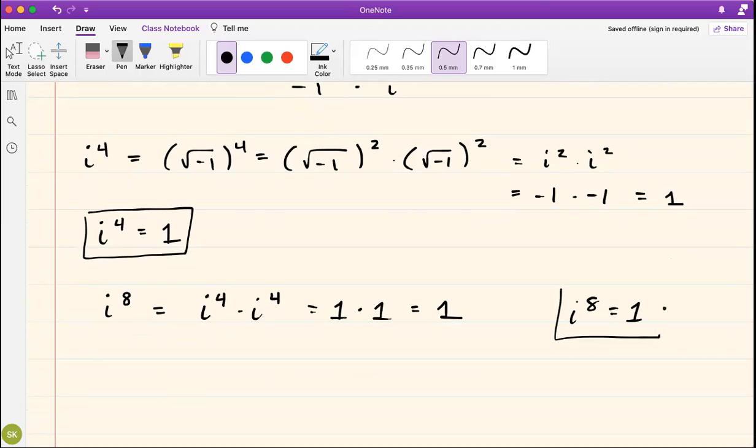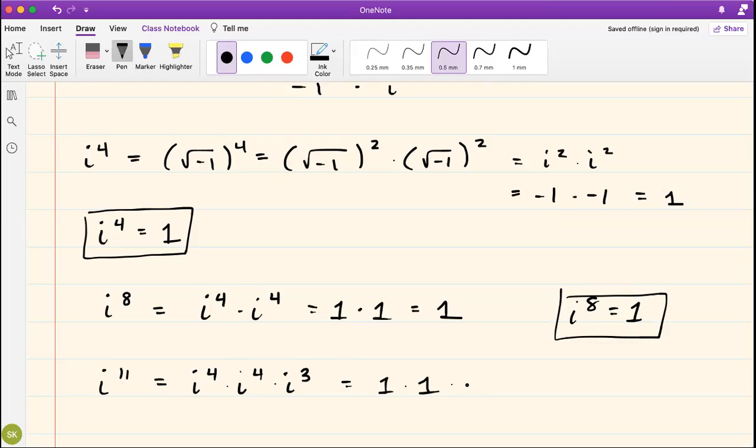Now you can choose something else. Let's say i to the 11th. I like to break it into multiples of 4. So it's i to the 4th times i to the 4th. That's 4 plus 4 is 8. 9, 10, 11, 12. We can't do i to the 4th. We can do i cubed. So this is 4 plus 4, 8, 9, 10, 11. So this makes 1, this makes 1.